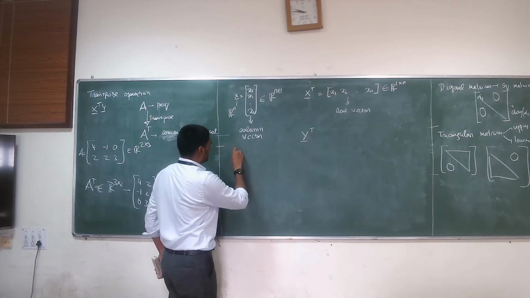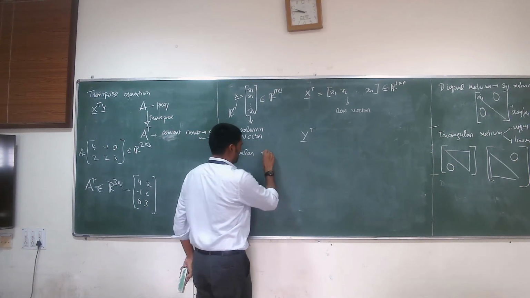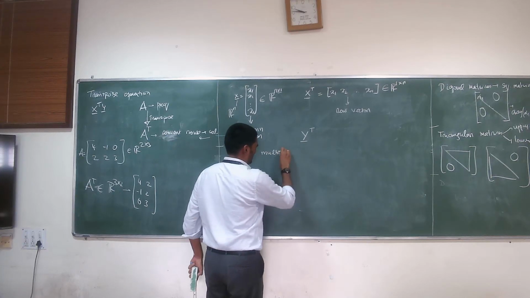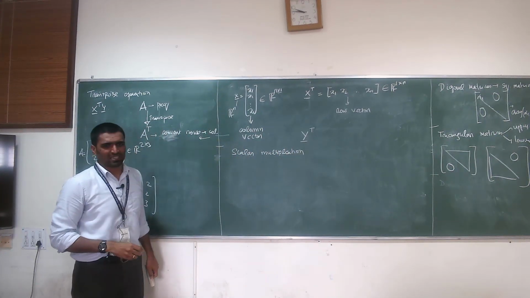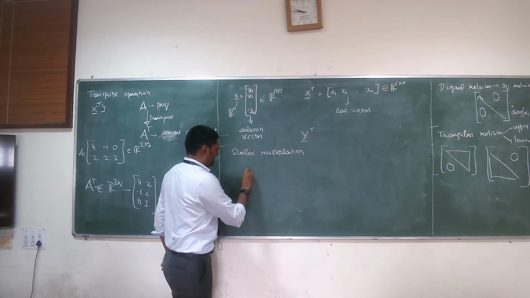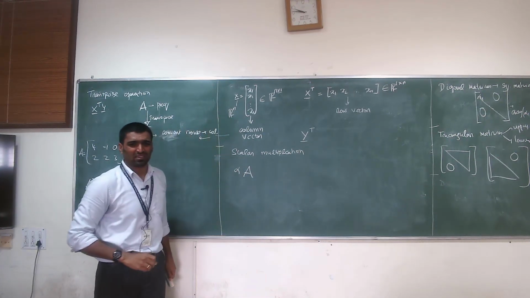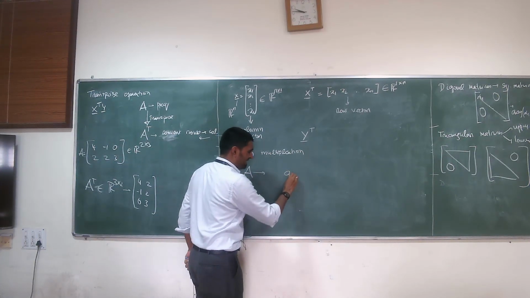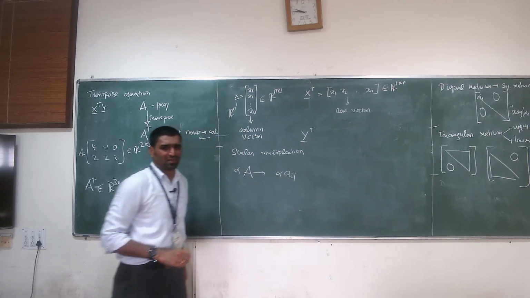Next one we will do is, as we did for vectors, scalar multiplication. Again, very simple. If you have a matrix A and you're multiplying it by some scalar real number alpha, then all you're doing is taking each element ij of A and multiplying that by alpha.